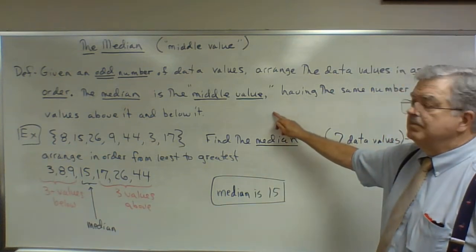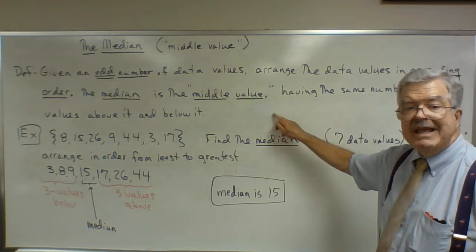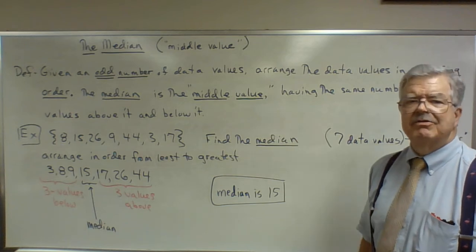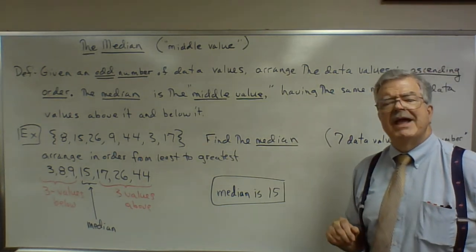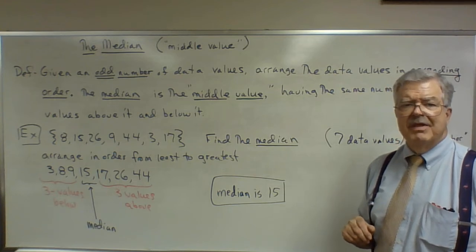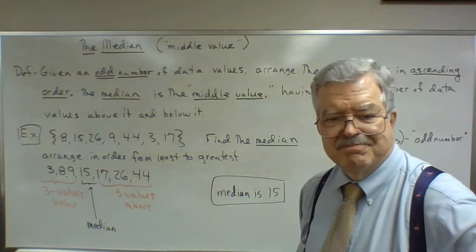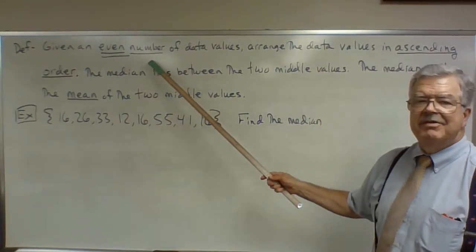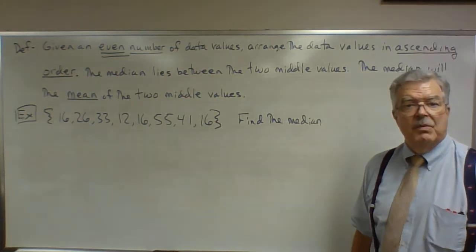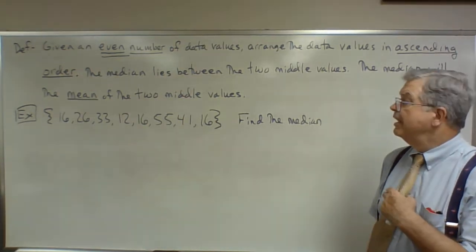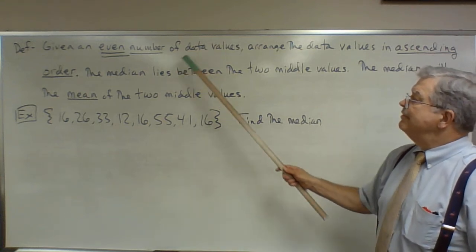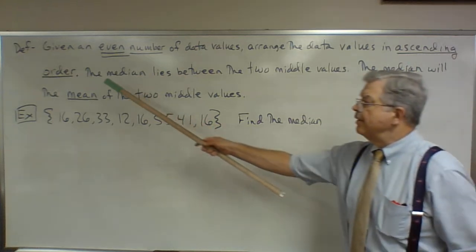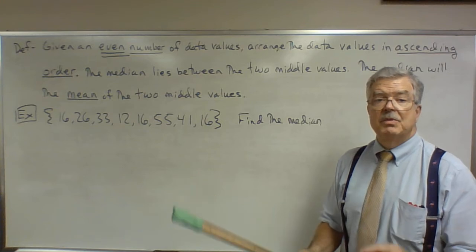We did an example where we had an odd number of data values. Now let's talk about what we do when we have an even number of data values and we want to compute the median. Given an even number of data values, arrange the data values in ascending order, least to greatest, just like we did with an odd number.